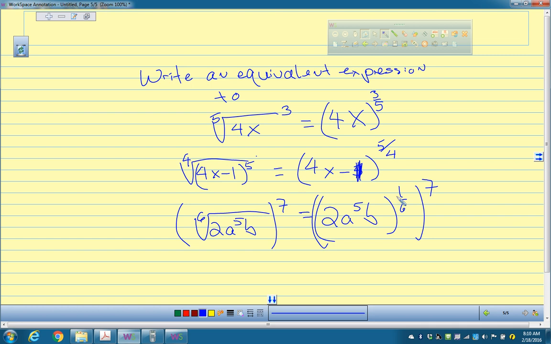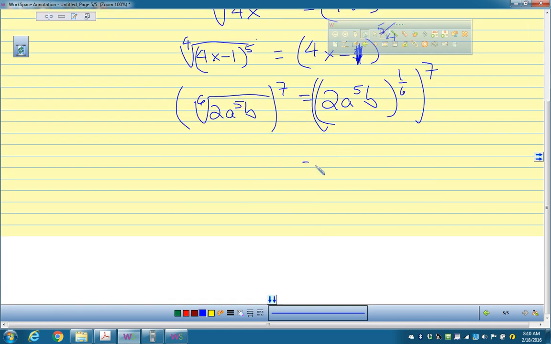Then what I want to do is multiply together these exponents. So I'm going to have 2a to the 5th b raised to the what power? 7 over 6.